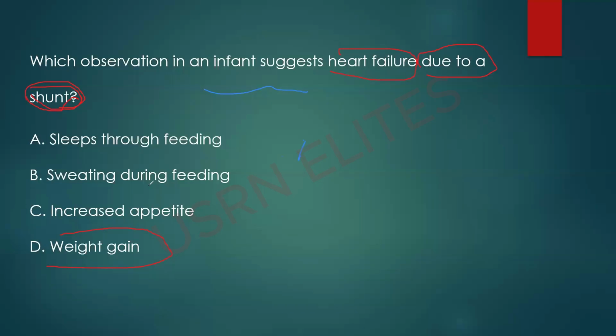It's more of when you hear of congenital heart disease and shunting. I don't know how to even make it simple for us to understand. When you hear of shunting and heart failure, what should come into your mind?